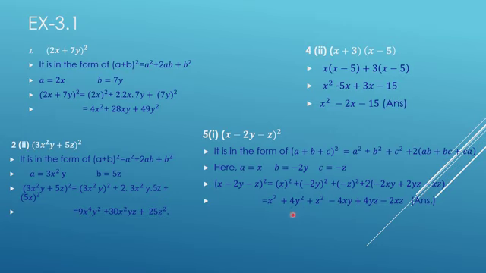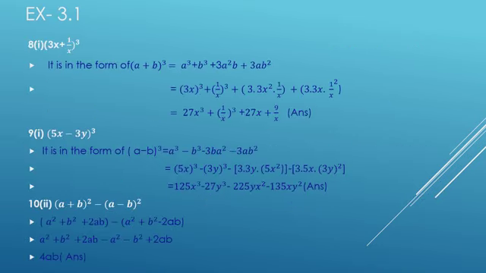So let's move on to the next slide. Now the next sum is (3x + 1/x) whole cube. That means your expression is in the form of (a + b) whole cube.